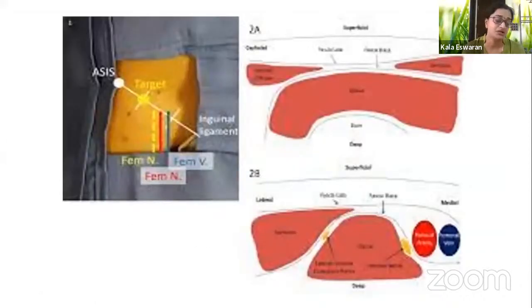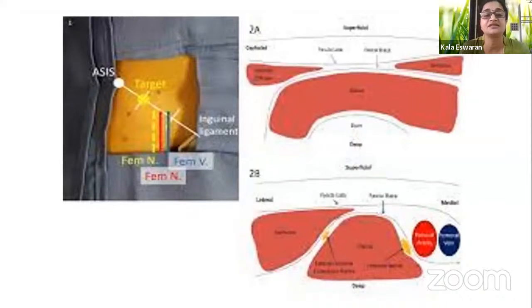Now coming to the landmarks. The landmarks are the anterior superior iliac spine and the pubic tubercle. Here you draw a line from the pubic tubercle up to the superior aspect of the anterior superior iliac spine. This is your sure shot landmark. Even in obese patients, you can feel these bony landmarks easily.